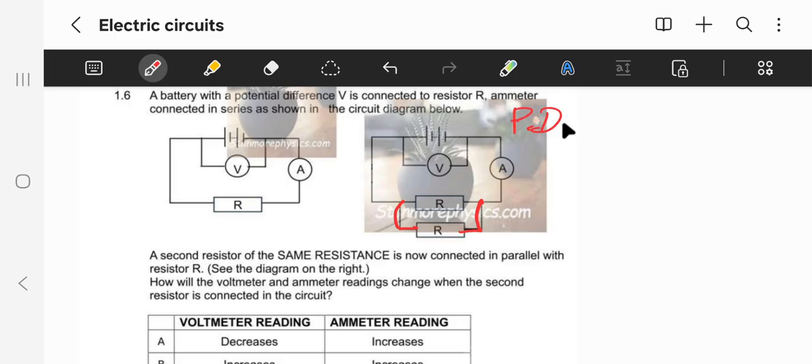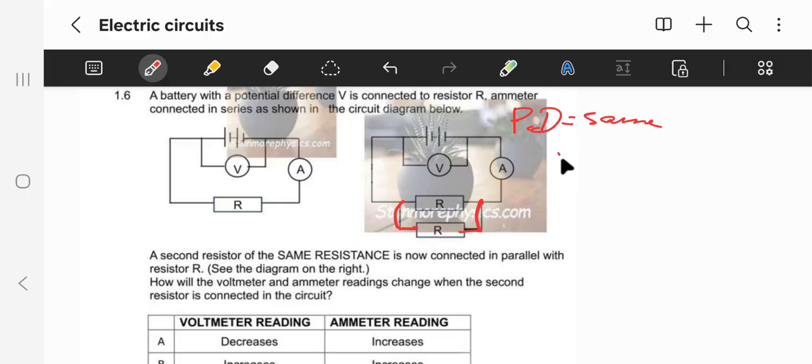So the potential difference will be the same for both resistors. Another thing we need to know is that the more resistors we add in parallel, the less resistance we are going to have. The total resistance in parallel decreases.